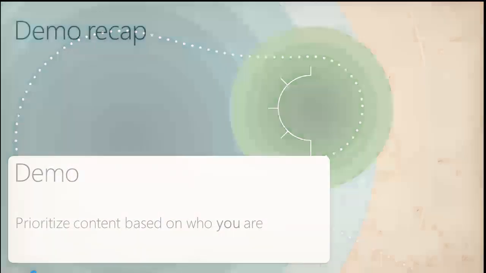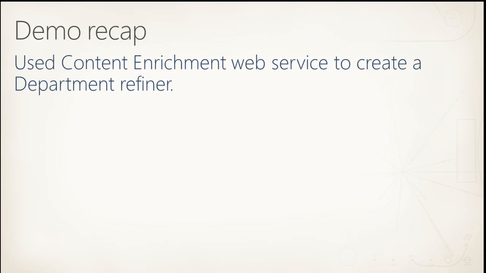So just to recap the last demo. First, I used the content enrichment web service in order to get the department refiner. Not a lot of code. Most of the code in that module was basically making sure it doesn't break anywhere, but just the lookups is not that much code at all.